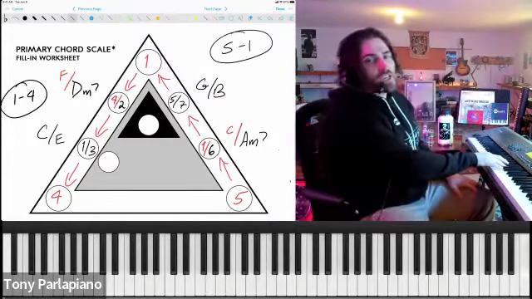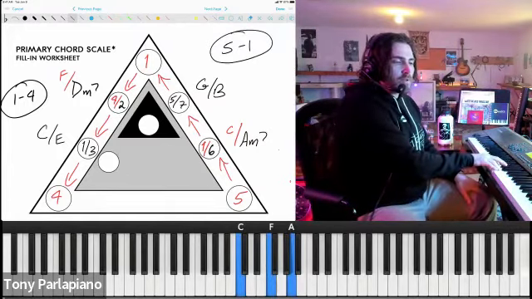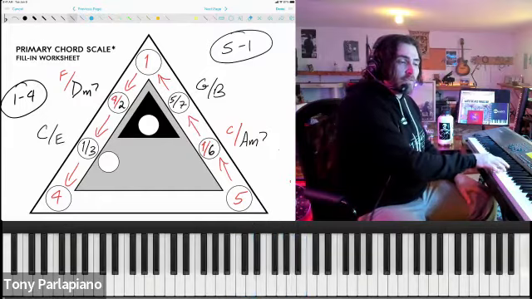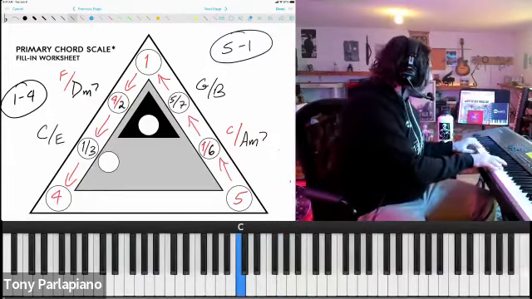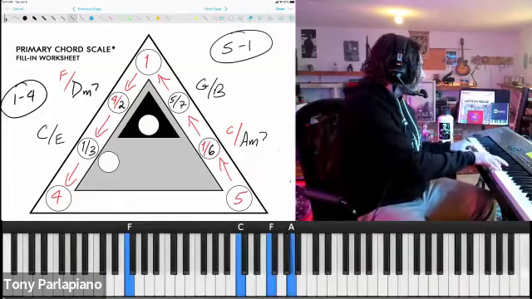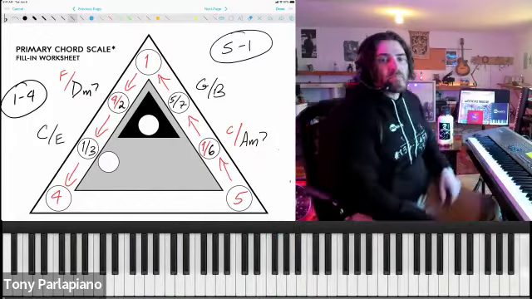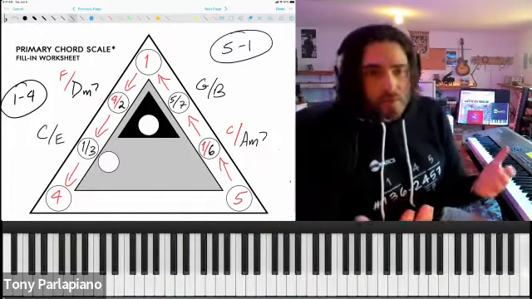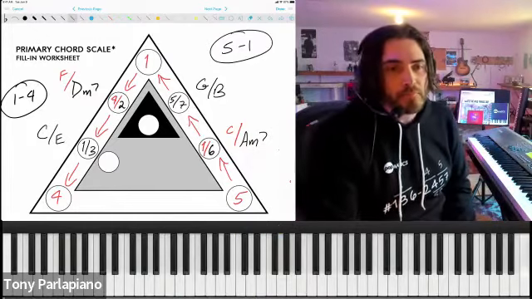So using just these 3 primary chords, moving over to the other side of the triangle, 5, 1, 5, 1, they can play their scale underneath. And that will create the 7 most common chords that we hear in popular styles of music.